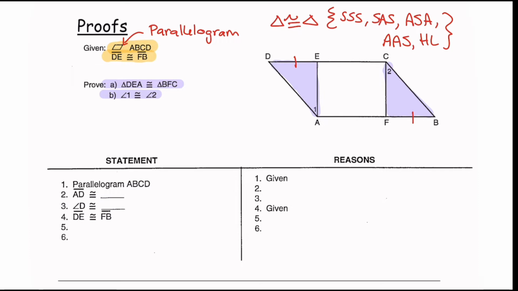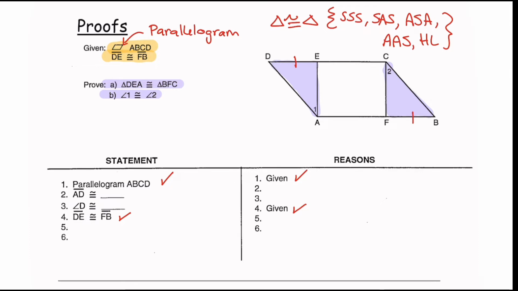Alright, well, the first part is that we were given parallelogram ABCD, and that statement was made, and our reason was that it was given. We do have another given statement, but that comes a little bit later, where DE and FB are congruent. We mark those in the diagram. Fill in the missing pieces here. AD is congruent to some other piece.